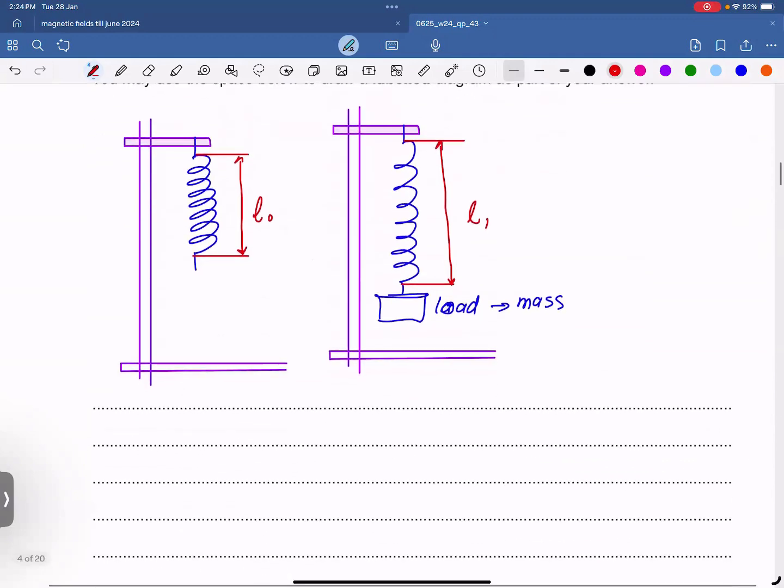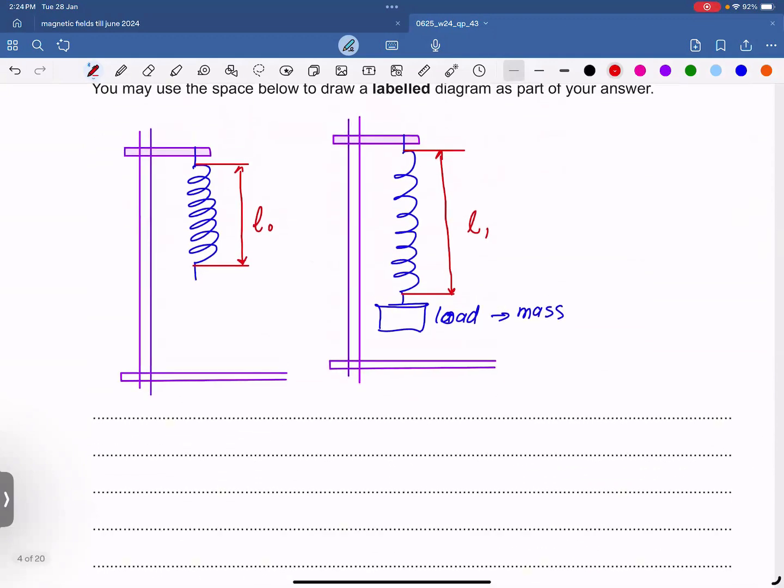And now you need to explain the process. As I mentioned, start in a sequence. First of all, you will measure the original or unstretched length of the spring using a ruler.